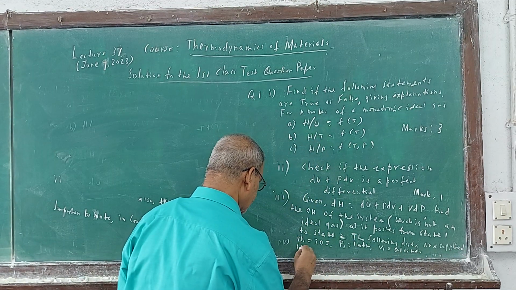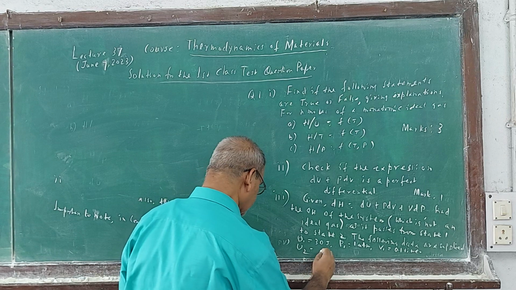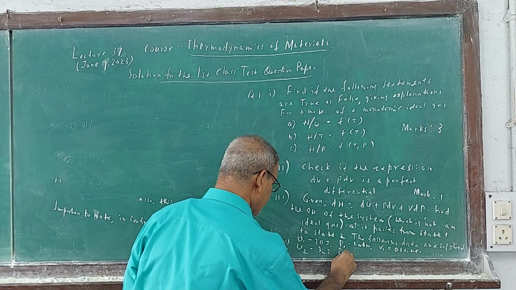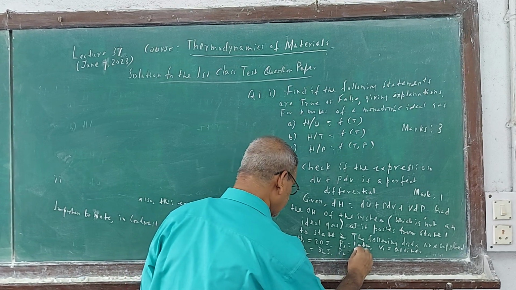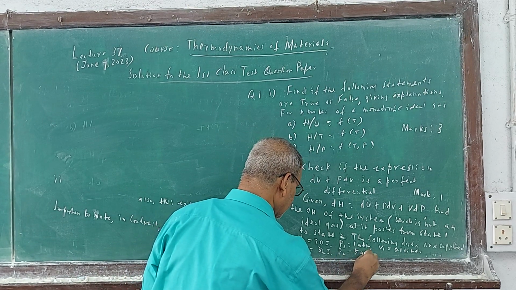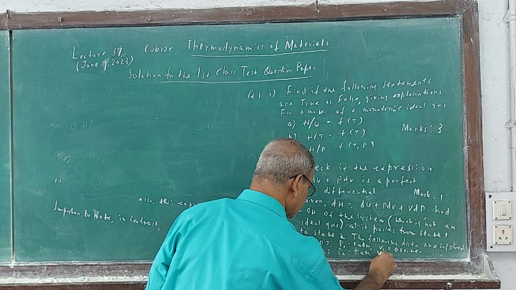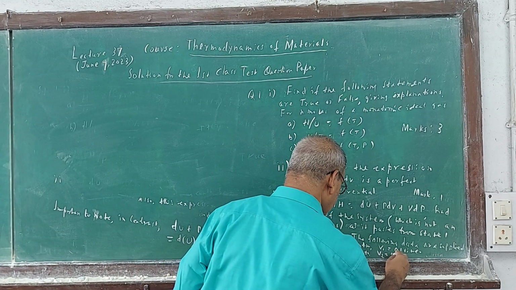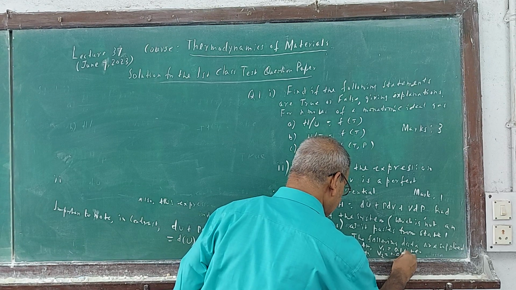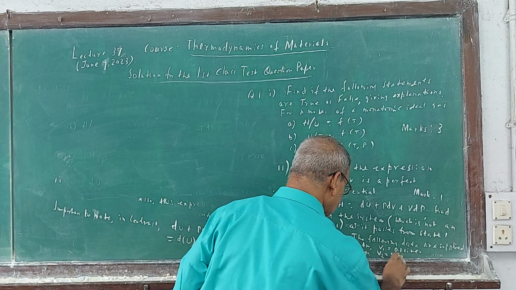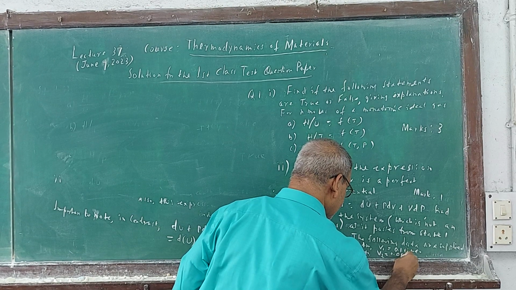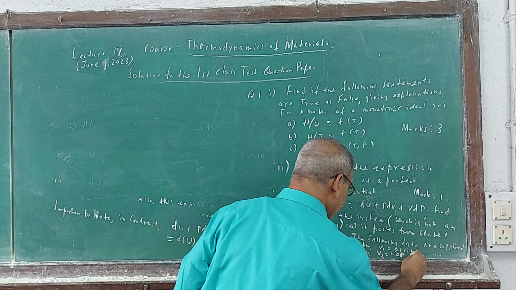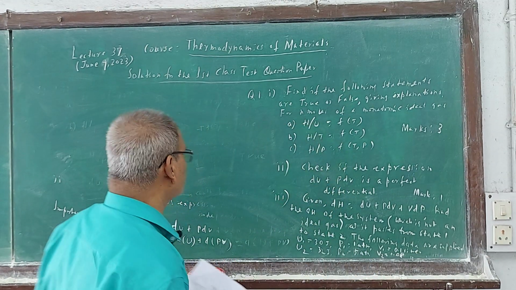U2 is 32 joule. P2 is 5 atmosphere. And V2 is 0.08 liter.